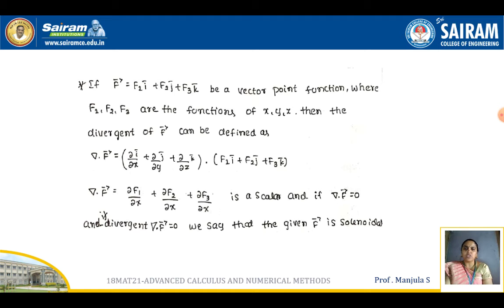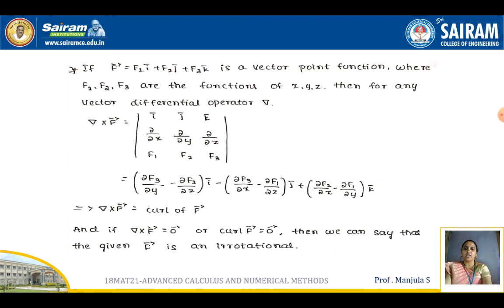On multiplication of these two, we can write del dot vector f as dou f1 by dou x plus dou f2 by dou y plus dou f3 by dou z. This is our del dot vector f. If this divergence is 0, we can conclude that it is a solenoidal function.